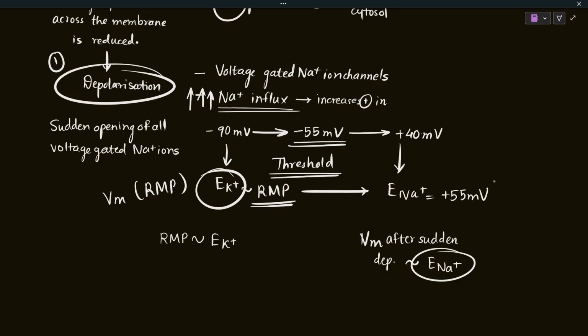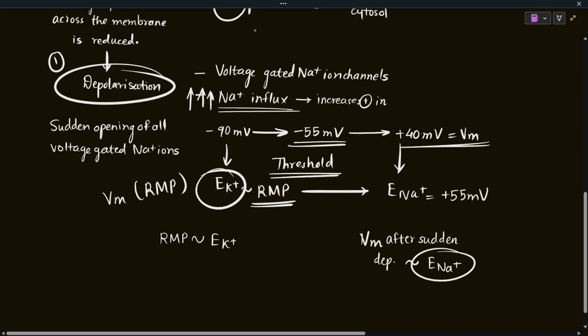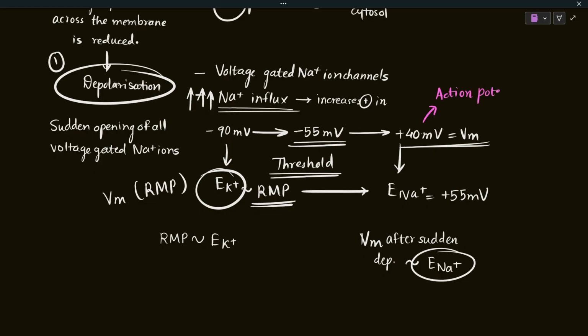The membrane potential Vm reaches around that value, and when it reaches this value, it is called an action potential, because now the action will be generated. That is why it is known as action potential. So action potential is a sudden and transient change in the membrane potential from the rest when it gets depolarized. Okay, I hope this is clear. Action potential is somewhat near to the equilibrium potential of sodium ions.